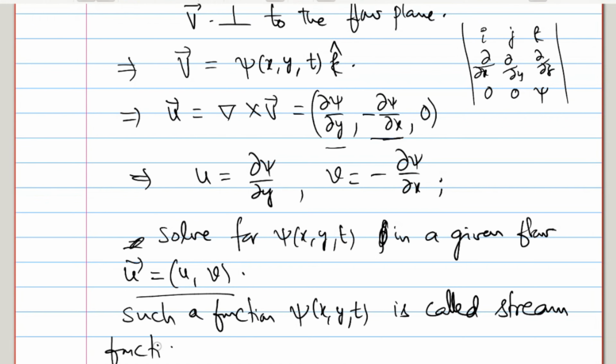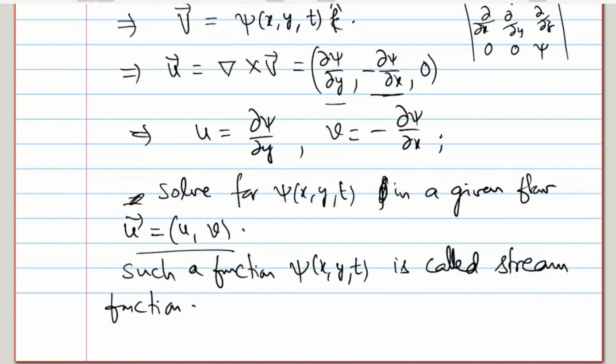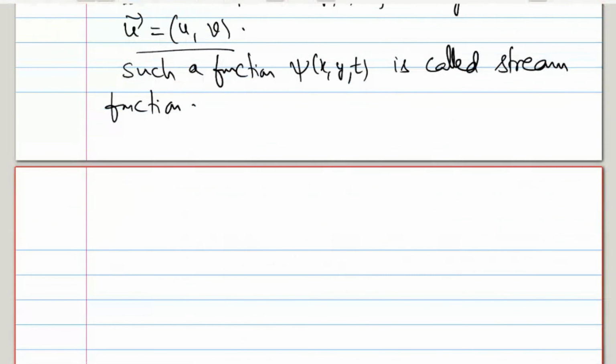Streamlines you have seen, but what is the stream function? Why do we call such a function the stream function? Because along the streamlines it is actually constant.